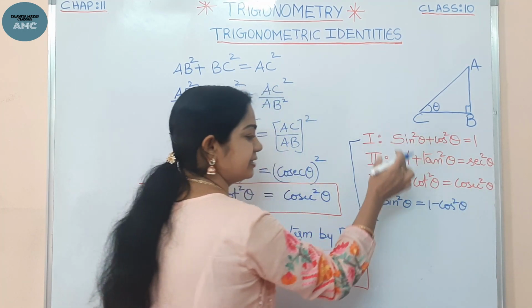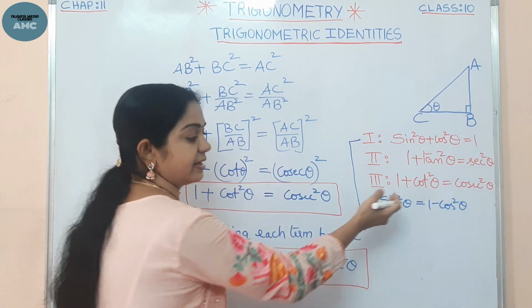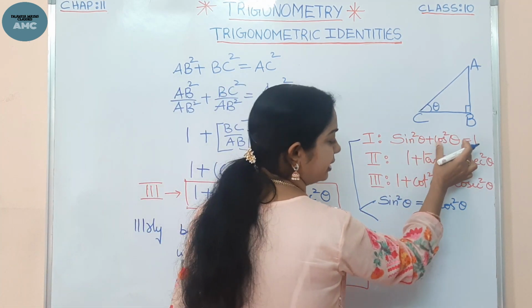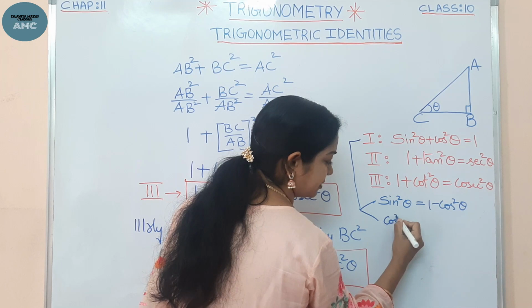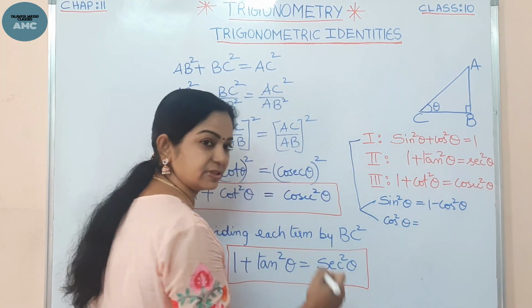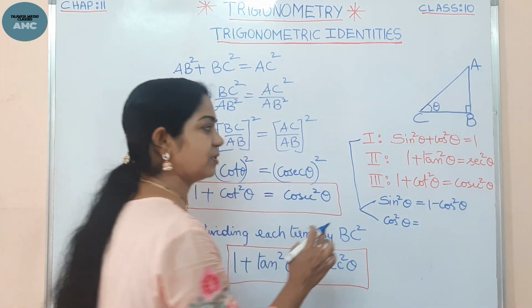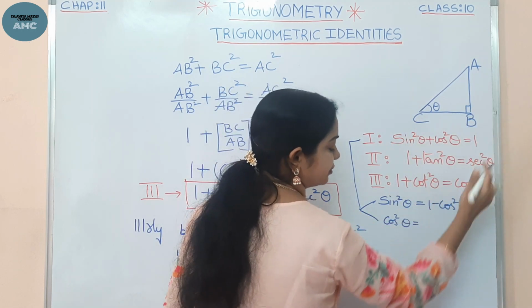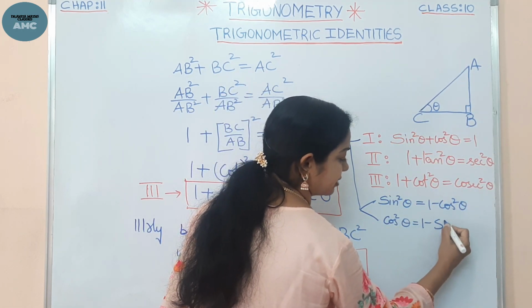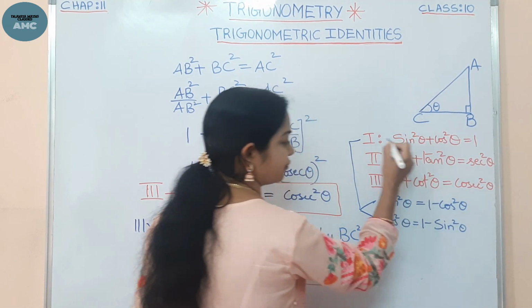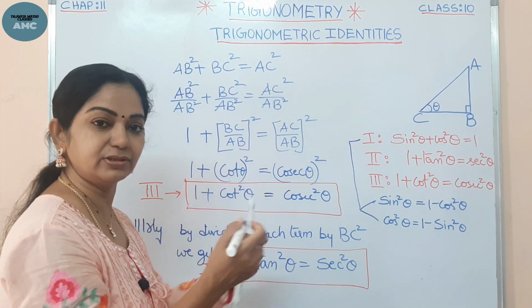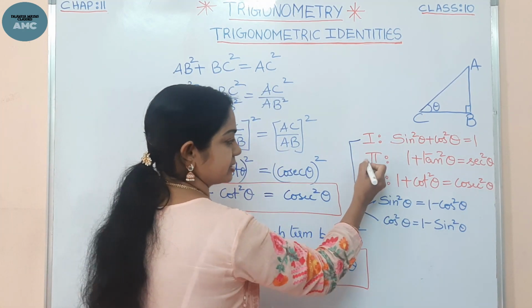So from one identity I got another equation. Now if I want only cos square for the problems, I shift the sine square to the other side, it comes to 1 minus sine square. So from one identity we can deduce another 2 equations.